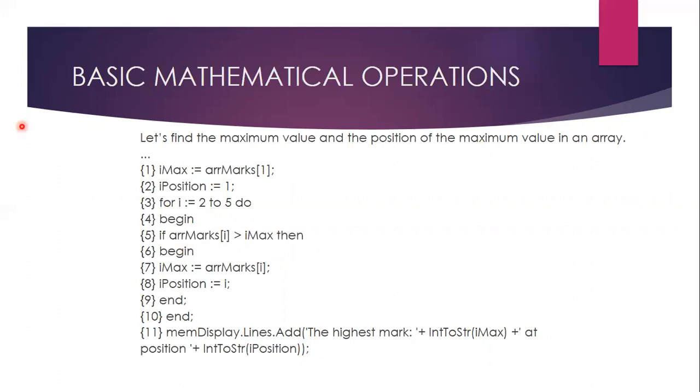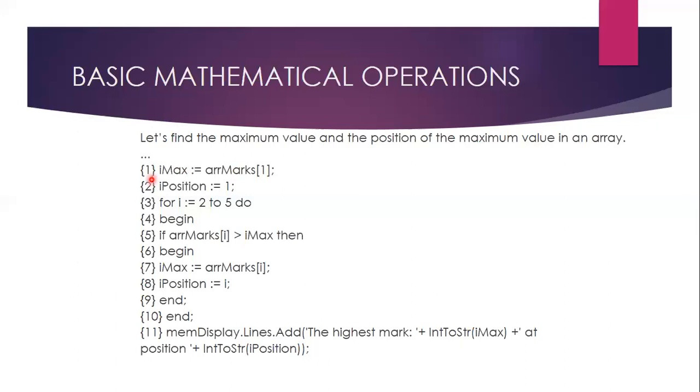This array here says, let's find the maximum value and the position of the maximum value in an array. First of all, I want the maximum value and I want the position of that maximum value. If the array is undefined, where the numbers could go, for example 49, 12, 64, so it's not in order, you will still be able to find the maximum value.